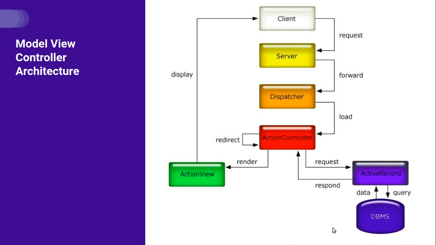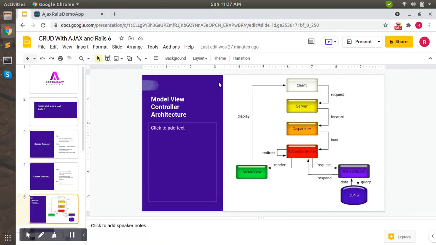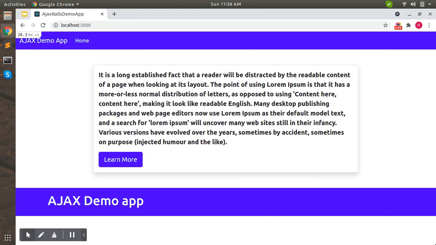But one thing that is remaining is to try to understand how view and controller work, because right now we don't have any model, so I cannot show you how a request comes to the database. But I can show you how a client request is forwarded to the server, then the server forwards that request to the dispatcher, and then the dispatcher loads the controller. So let's come to this page.